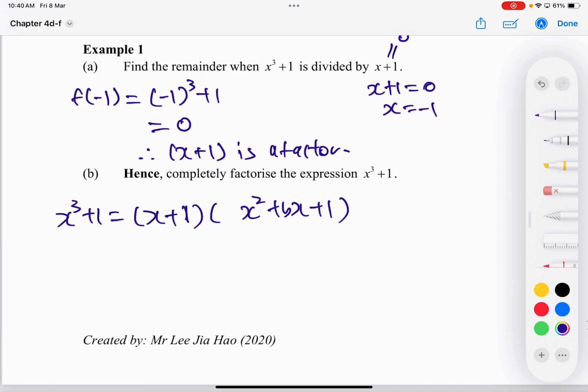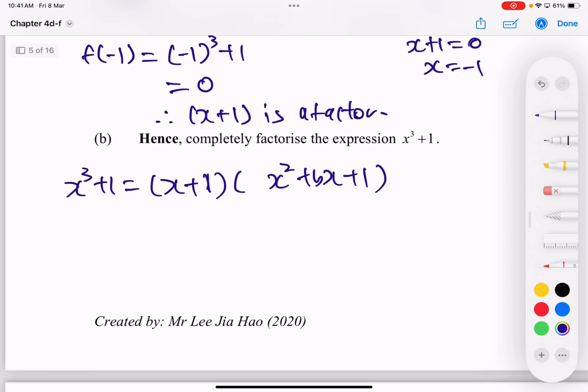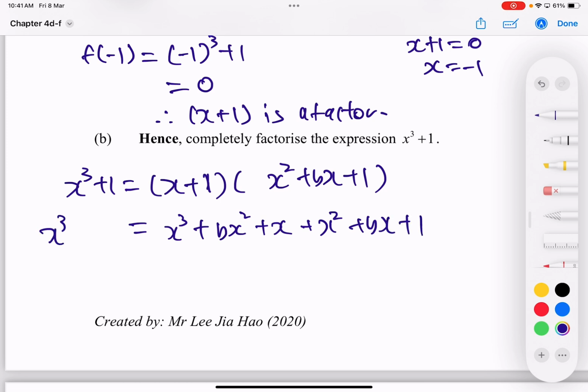Okay, so next all you have to do is just do some simple comparison. You just need to expand first. If you expand, you're going to get x cubed plus bx squared plus 1 plus x, plus x squared plus bx plus 1, and this is equal to x cubed plus 1.